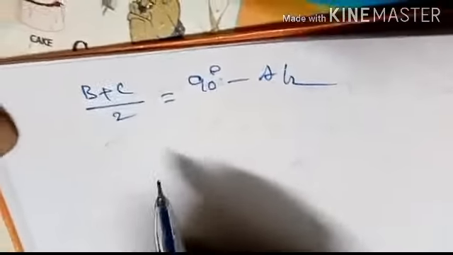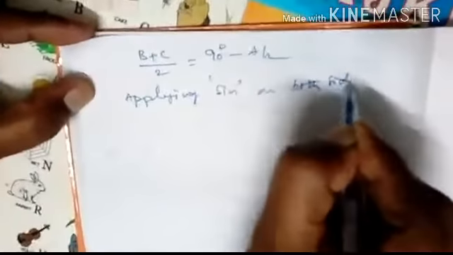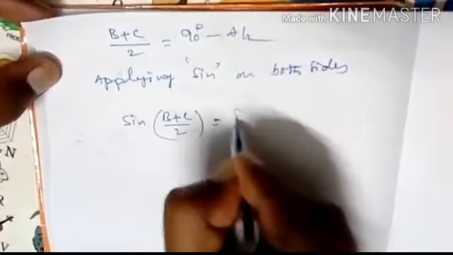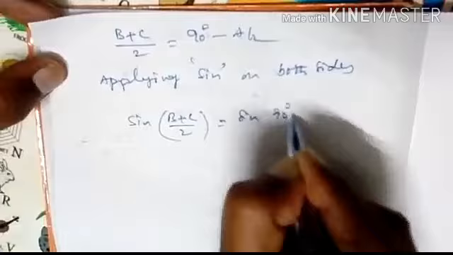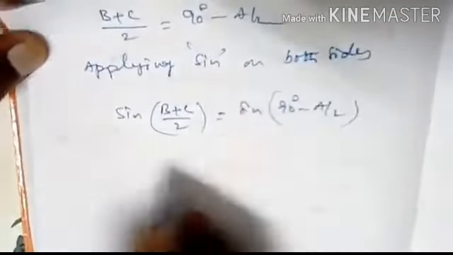Applying sin on both sides, sin of (B plus C) by 2 is equal to sin of (90 minus A by 2).